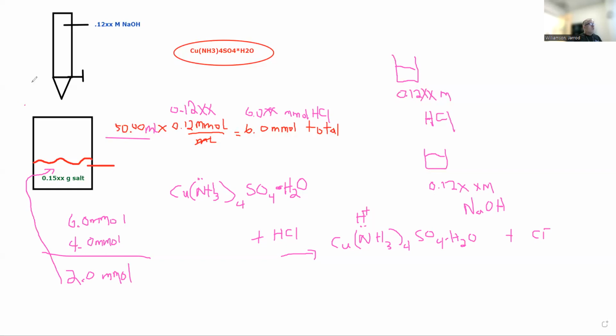Then when I titrate with my sodium hydroxide, I'm going to find out how many millimoles are floating around free.